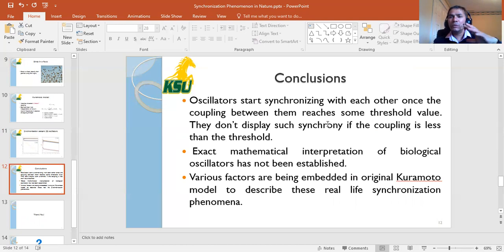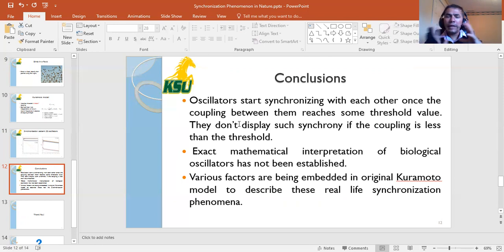Similarly, they are not showing synchronous behavior until the interaction between them reaches a value. Once that value is reached, they start behaving collectively. If the interaction value is less than the threshold, they are not going to display such collective behavior.